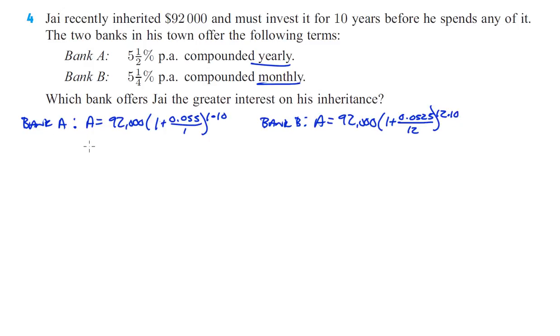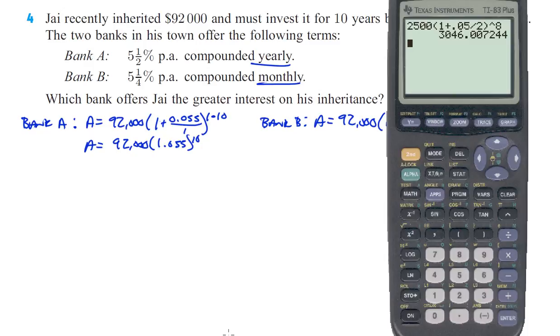Okay, so on this one here, plug it in the calculator. Really it's just dividing by 1, so it's 1.055 to the 10th power, right? So let's calculate what that is. So we got 92,000 times 1.055 to the 10th.